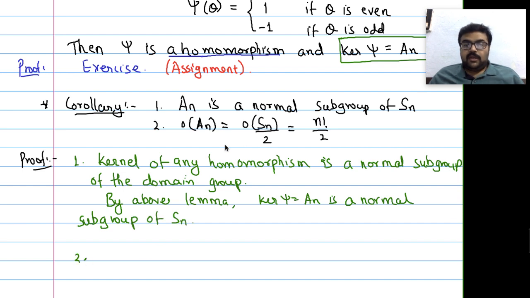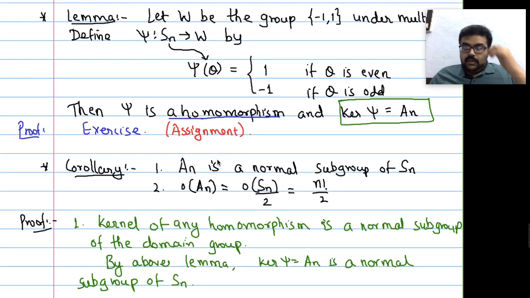And what about the second? By the first isomorphism theorem, if this is a homomorphism, then what happens? Psi quotient kernel of psi is isomorphic to the image of psi.